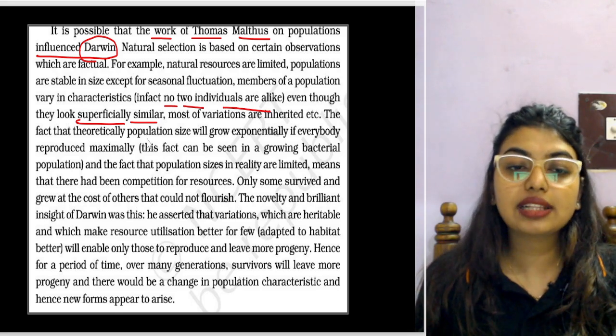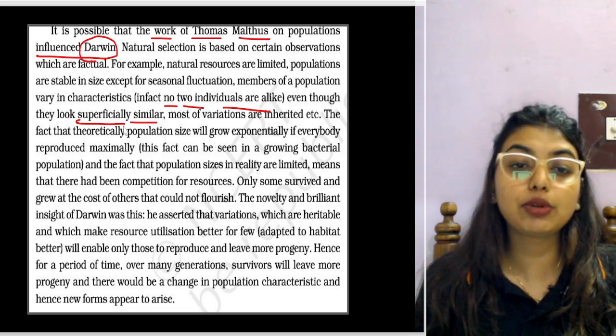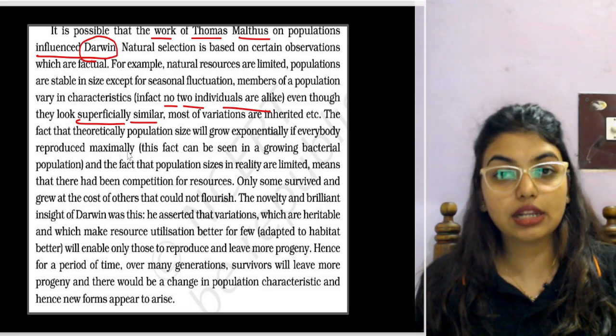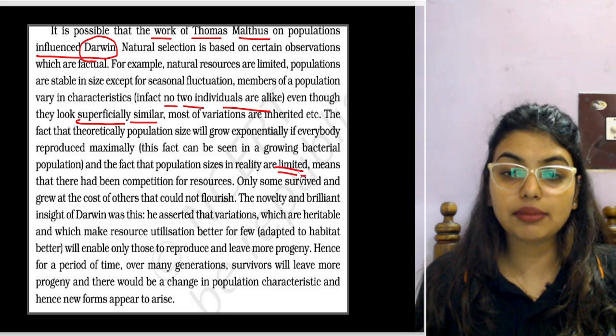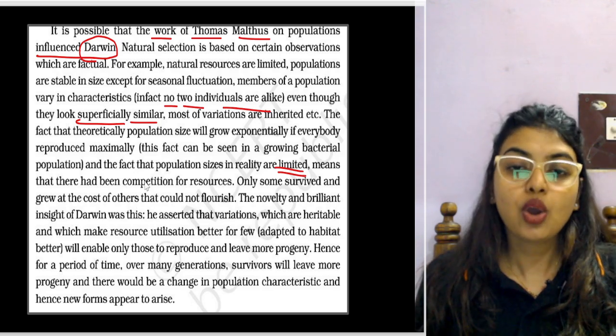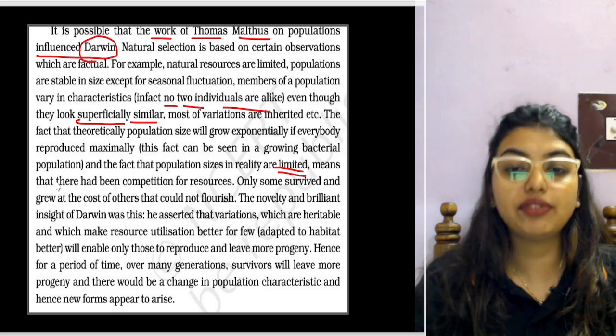The fact that theoretical population size will grow exponentially if everybody produced maximally can be seen in a growing bacterial population. And the fact that population sizes in reality are limited means that there has been competition for resources. Only some survived and grew at the cost of others that could not flourish.